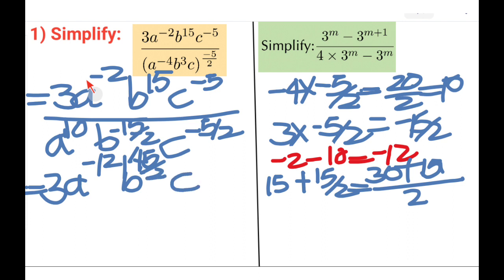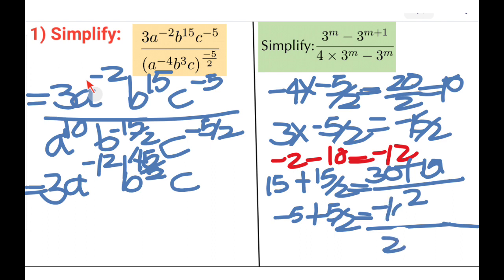And then the c, we've got negative 5 minus negative 5 over 2, which is plus 5 over 2. Using the laws of adding common fractions, we've got an LCD of 2. And then we've got minus 10 plus 5, which is negative 5.